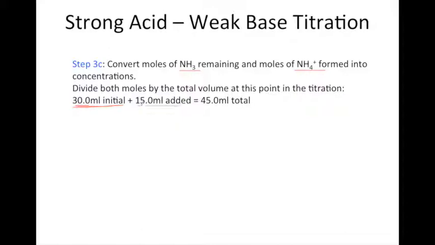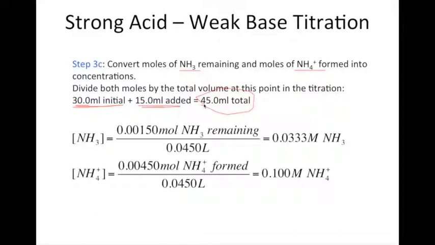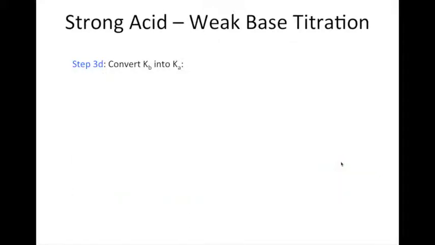Our problem also said that we added 15 mL of acid, so our total volume at this point is 45 milliliters, which we can convert into liters very easily. So we take the moles of ammonia, which we calculated, divide by the total volume at this point to get the concentration of ammonia, take the moles of ammonium formed divided by the total volume, and that gives us the concentration of ammonium. Again, we have to have these in order to solve our Henderson-Hasselbalch equation.